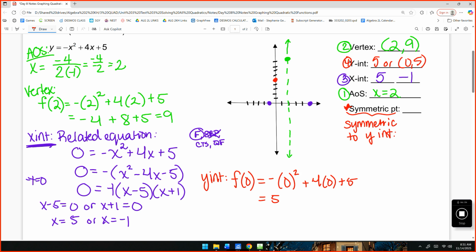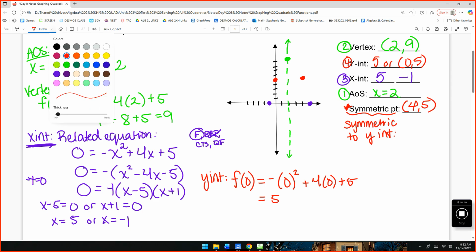You can use your graph and ask how many x units away was it? It was 2. So on the same y, just go 2 to the right of the axis of symmetry, and we're right here at the point (4, 5). Okay, so that would be the symmetric point. And then you have enough information to make your sketch.